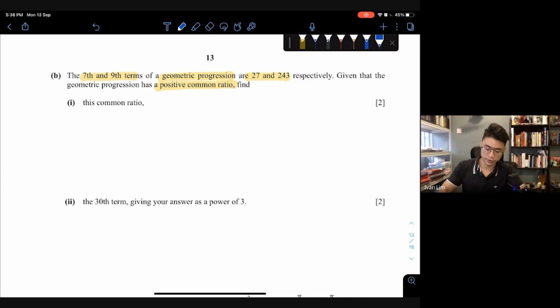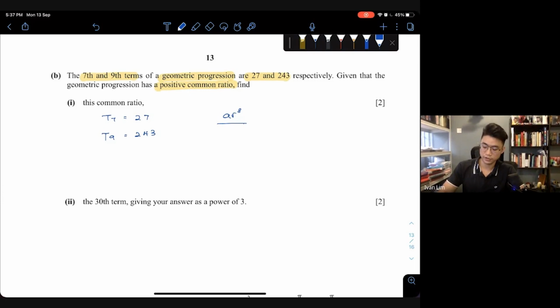So we got T7 equals 27, T9 equals 243. Then we got ar to the power of 8. We can just use T9 divided by T7.